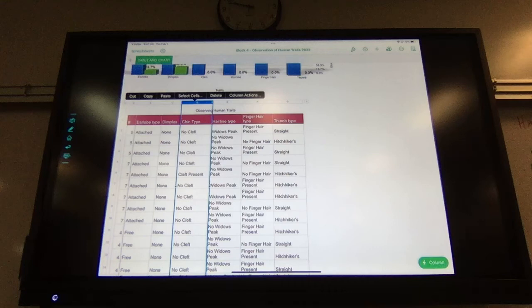All right, how'd you do on finger hair and thumb? Did you do that one yet? Finger hair, tap F, column actions, sort ascending. We're on record 40, minus the header row is 39 students with hairy fingers. 39 with hair.